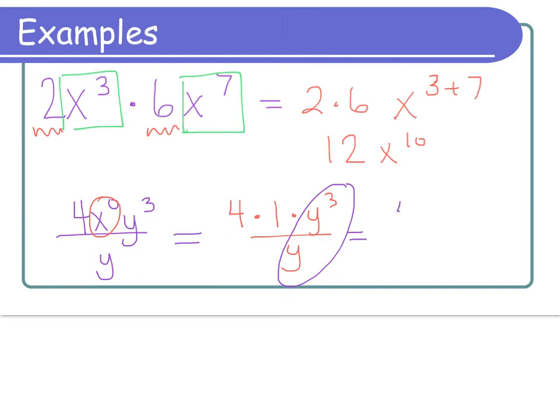So 4 times 1 makes 4, and I should subtract my exponents. You may be thinking to yourself, but hey lady, that one on the bottom doesn't have an exponent, but it really does. If you can see the y, remember it's y to the first. So that's going to be 3 minus 1, so we'll have 4y squared as the answer to that.